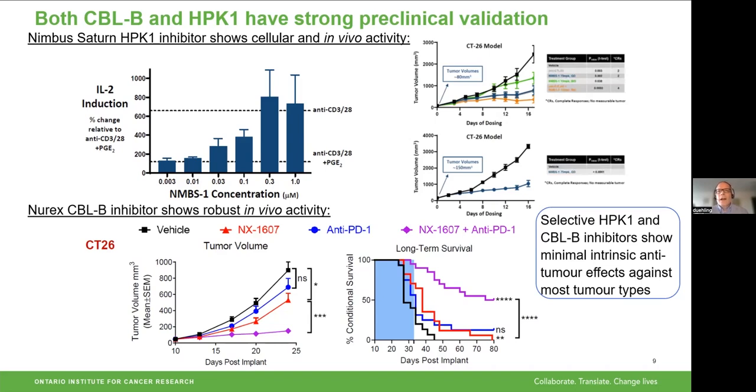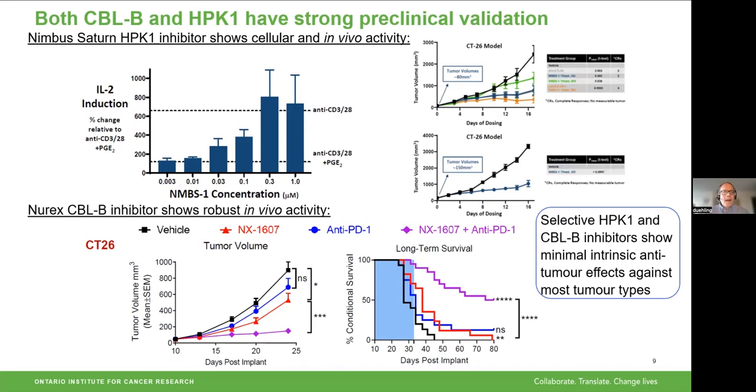And in an in vivo setting, in mouse models, they show that there is some modest single agent activity, but in particular, there's an additive or synergistic combination effect with anti-CTLA-4 or with PD-1 antagonists. Shown here is data from the CT26 model, but there are other models, particularly immunologically cold mouse models, which also show good efficacy with an HPK1 inhibitor.